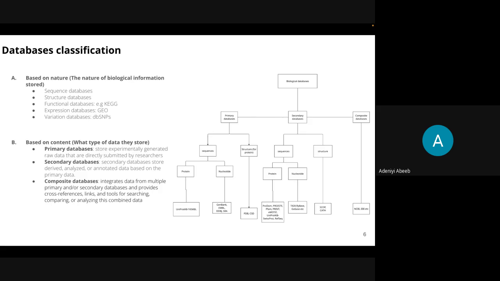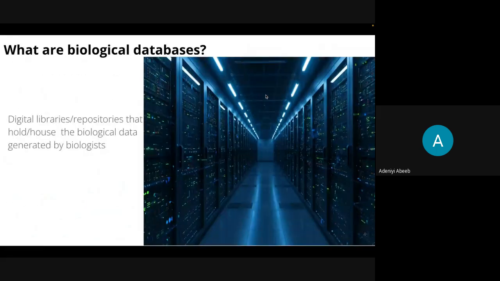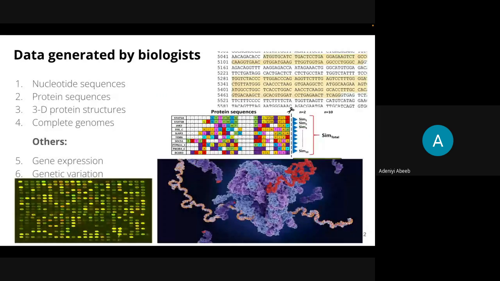So all these databases that we are seeing, we have many of them. Like I said, when I was telling you about the kind of data that we generate, if I should go back, these are the kinds of data that we generate, right? It turns out that there are databases that just house nucleotide sequences. That's what they do.